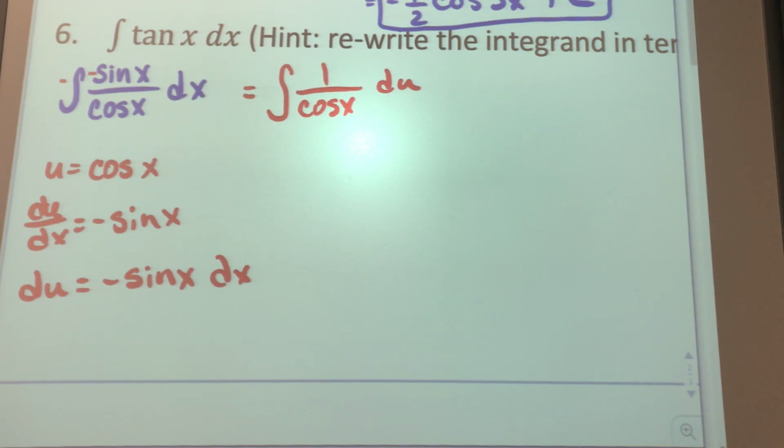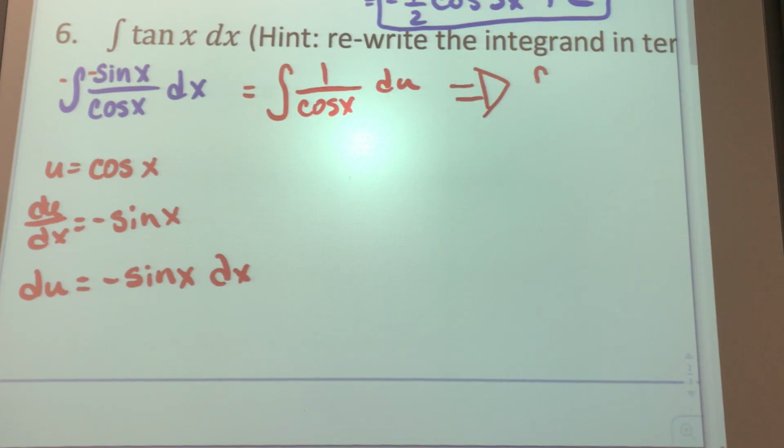Now, we could also have written that as du over cosine of x, and some people like that better. So that's another option. Oh wait, hold on. That's not right. Just kidding.